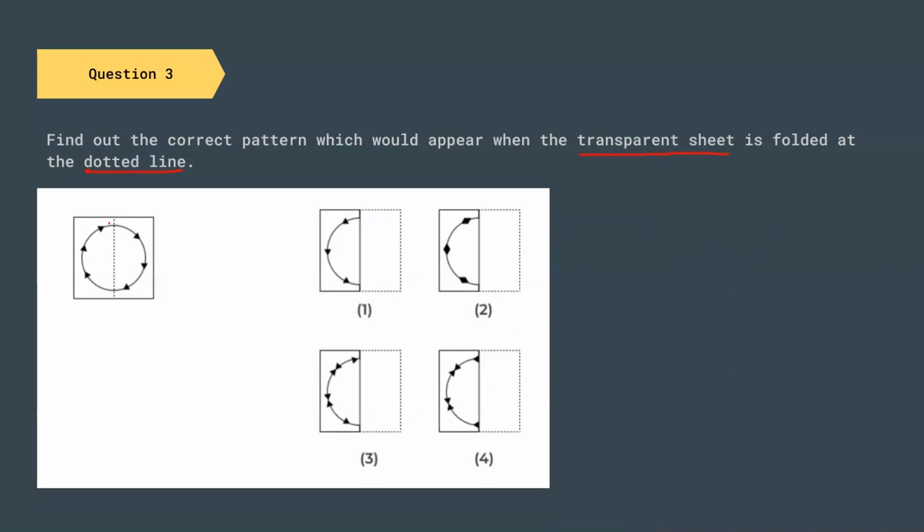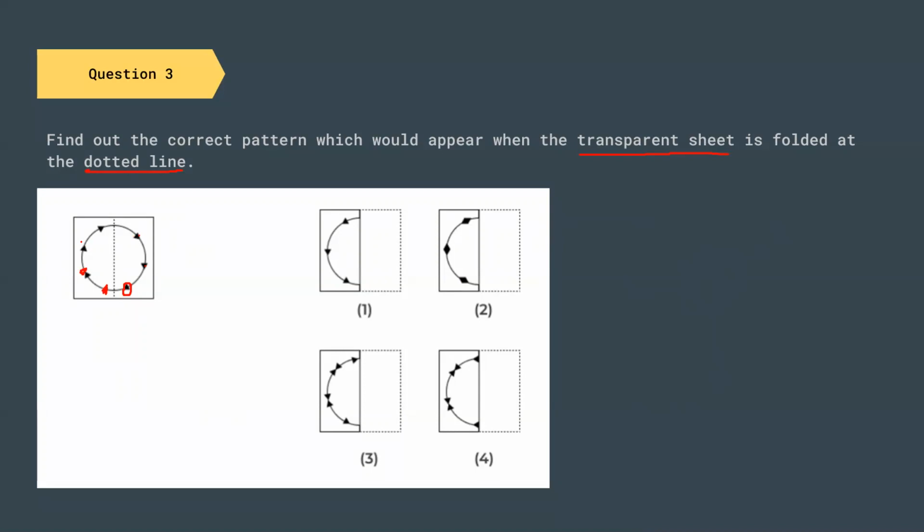We fold the sheet along this line, and we have to say what the position of the markings on the transparent sheet will be. I will delete this one and try to guess our markings. First of all, this marking will be translated here. This marking will be translated here like this.